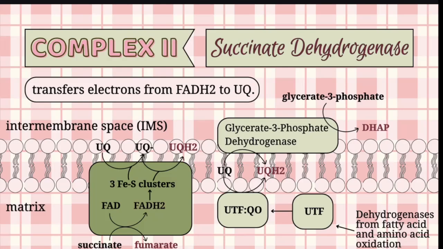When fatty acids or amino acids are oxidized, the products will go to UTF to donate their electrons. UTF will donate them to UTFQO, which will directly donate the electrons to ubiquinone, forming dihydroubiquinone. All good?